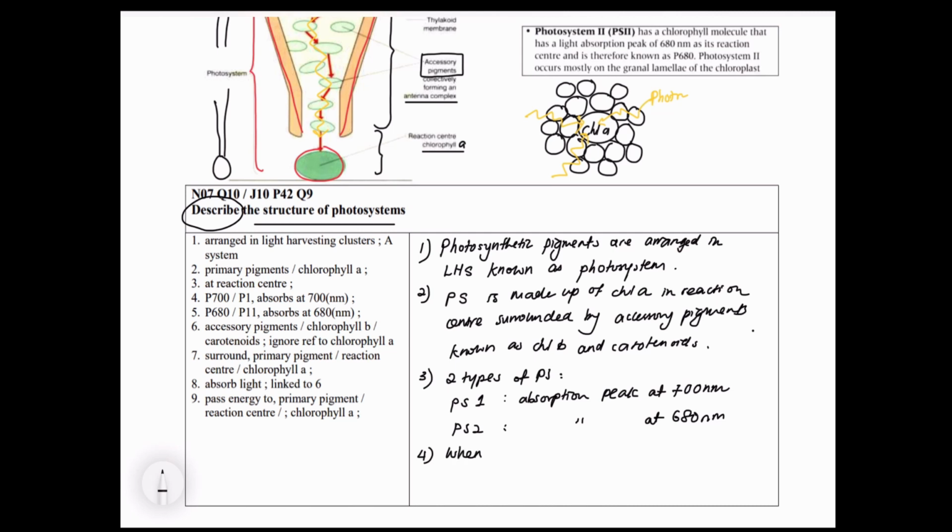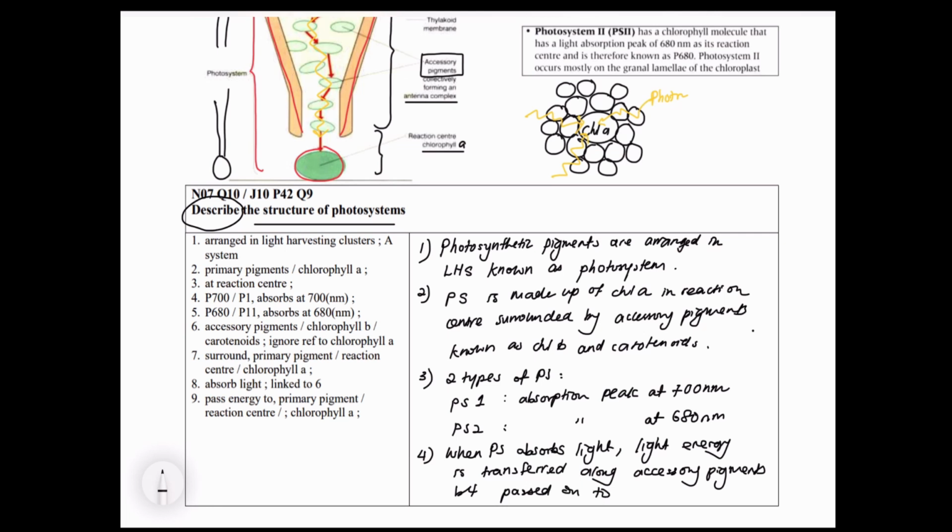When the photosystem absorbs light, the light energy is transferred along the accessory pigments before being passed on to chlorophyll A. And when the chlorophyll A electrons absorb the energy, they will be excited to a higher energy level, and this will be the second part of the topic, related to the process of light-dependent reaction.